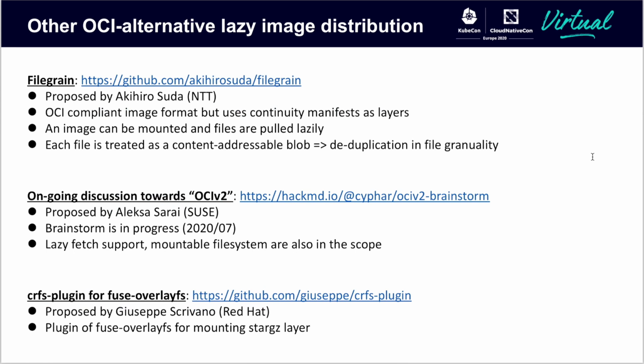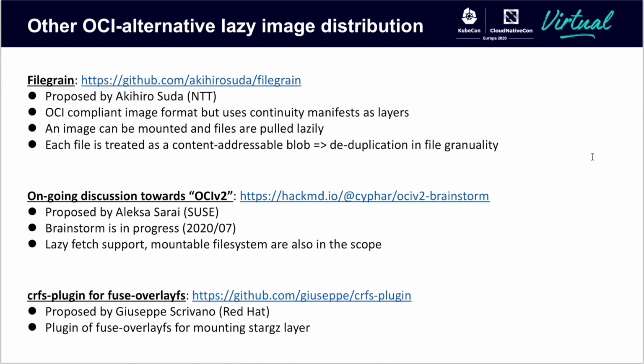And FileGrain is proposed by Akihiro Suda of NTT. It is an OCI compliant image format, but uses continuity manifests as layers. An image can be mounted and files are pulled lazily. And each file is treated as a content addressable blob, so deduplication at file granularity is also in scope.